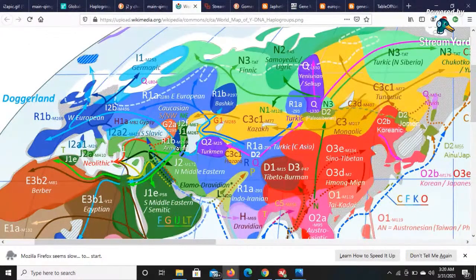Elam, Asher, and Aram, and Arpachshad is the father of the Abrahamic descendants. And the Abrahamic descendants include the I1, the I2. And these are just Attila the Hun invaders or something.